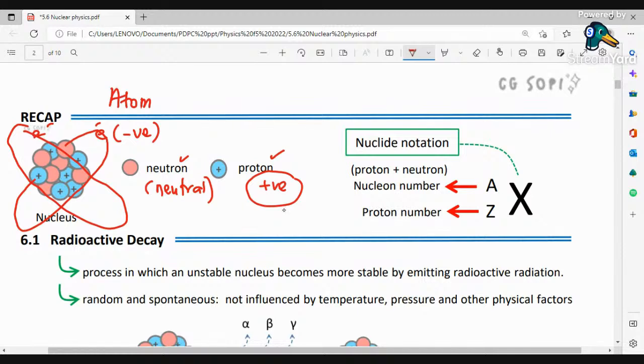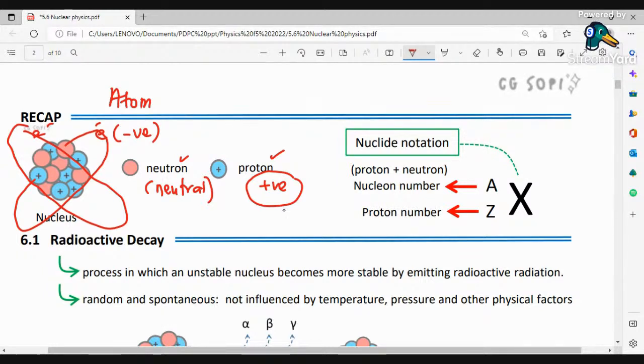Okay, for atom, we can represent an element by using nuclide notation. Element X. The symbol A here represents nucleon number, meaning the components at the nucleus. At the nucleus there is neutron and proton.